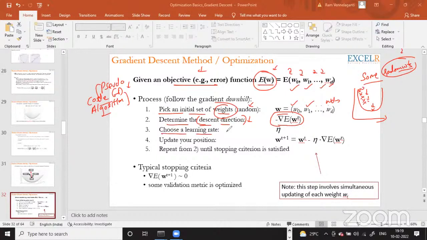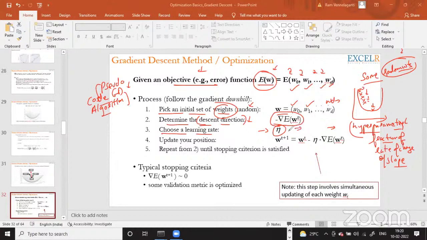And then we have to choose something called a learning rate. Learning rate is nothing but a hyperparameter for us, which can control what fraction of rate of change of slope I want to consider for updating my weights. So it can control what fraction of learning I want to consider for updating my weights.